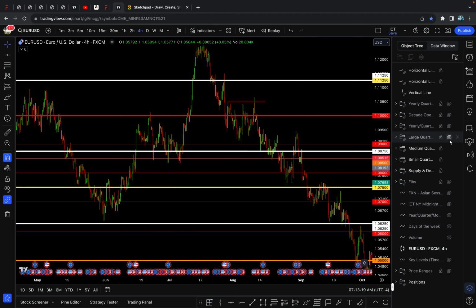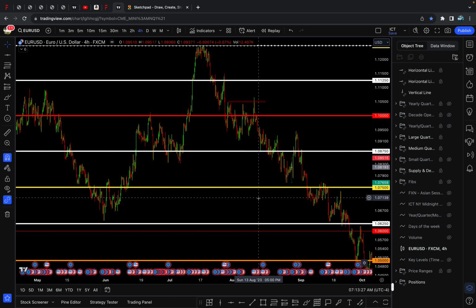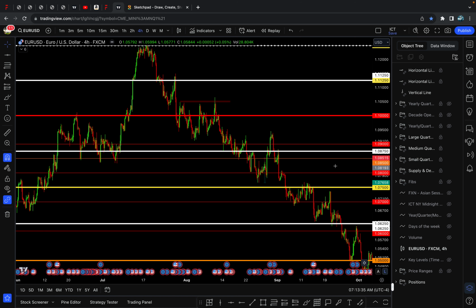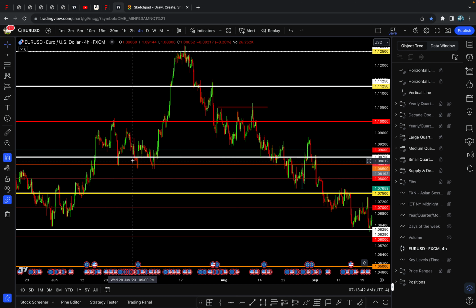But really, look, that medium level, large quarters level, let's see if you really even need the small levels. I don't even think you do. I think you just trade around these levels. But sometimes what I've found is, for example, if price blows through, or not blows through, but I talk about these things being like a trampoline, not like a hard surface to bounce off of, but more like a trampoline where it kind of goes below a little bit.